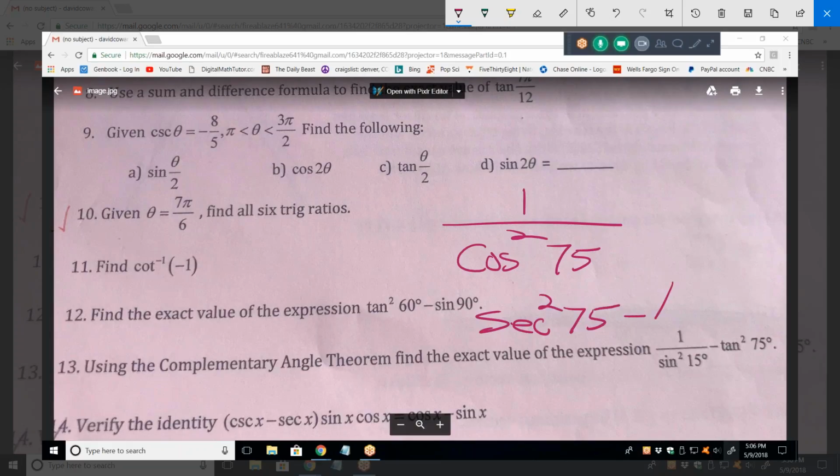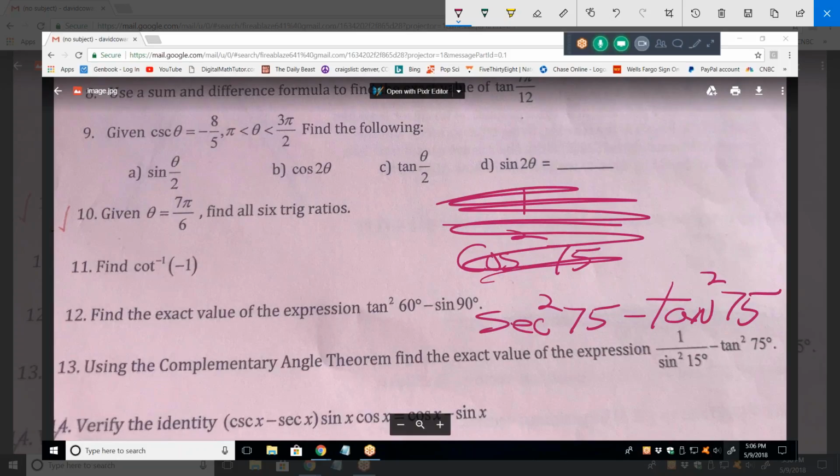Now we have minus the tangent squared of 75. And there's a trig identity regarding secants and tangents. If you remember, tangent squared of theta plus 1 equals secant squared.